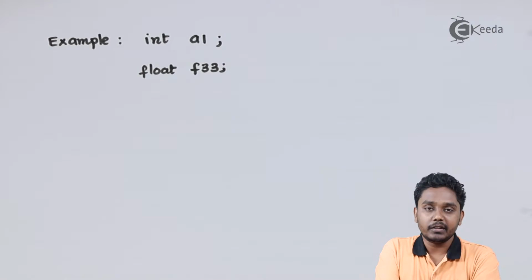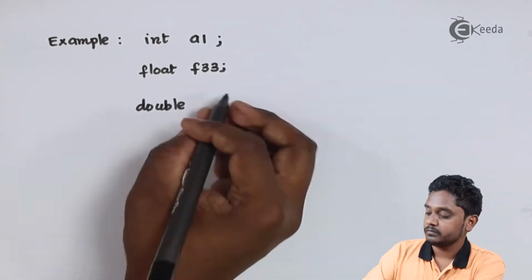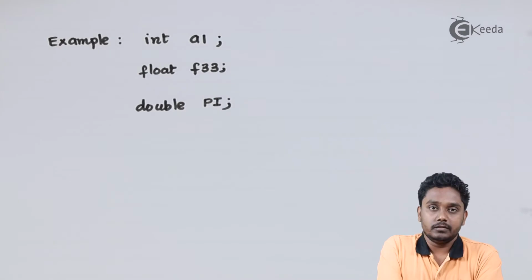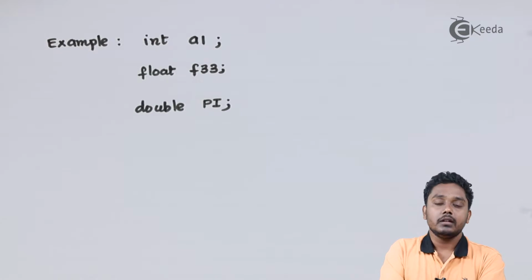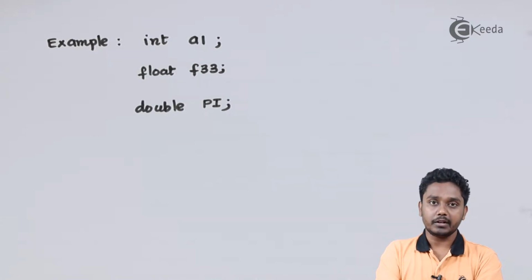Float f33 is an example in which the data type is float and the variable name is f33, followed by a semicolon. Double pi, here double represents the data type and pi is the name of the variable, followed by a semicolon which terminates the declaration.